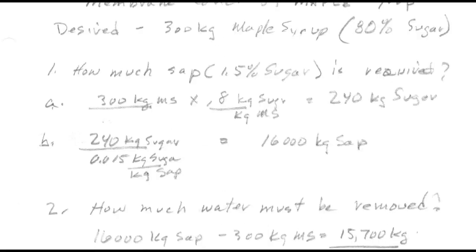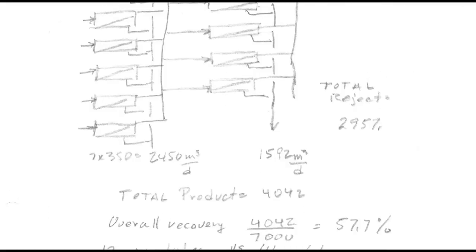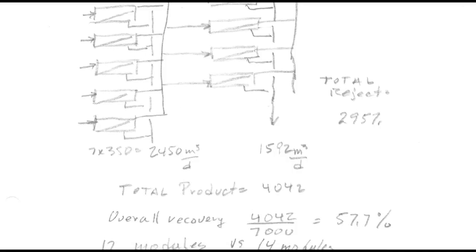So the total is slightly over 4,000, and again we get 57% recovery, which is always going to be the case if you have 35% followed by 35%. So in this case, this example would use 12 modules versus 14 modules. So that is an obvious savings of equipment and installation costs.